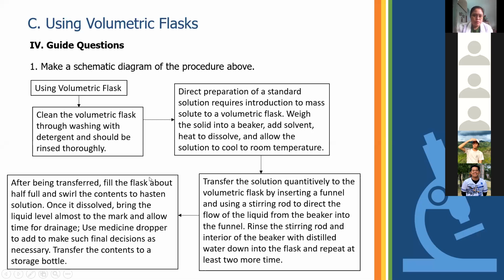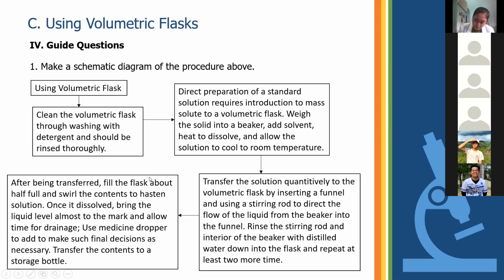Transfer the solution quantitatively to the volumetric flask by inserting a funnel and using a stirring rod to direct the flow of the liquid from the beaker into the funnel. Rinse the stirring rod and interior of the beaker with distilled water down into the flask and repeat at least 2 more times. After being transferred, fill the flask about half full and swirl the contents to hasten solution.